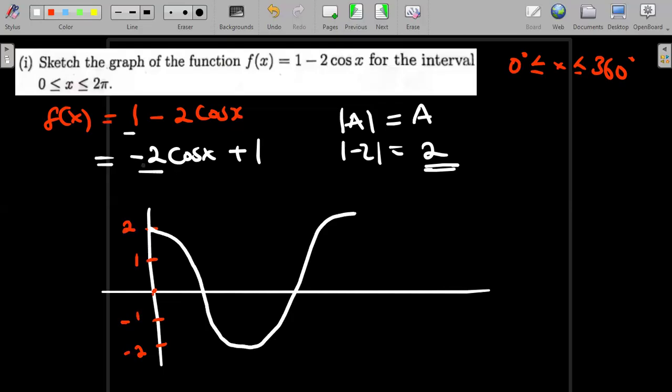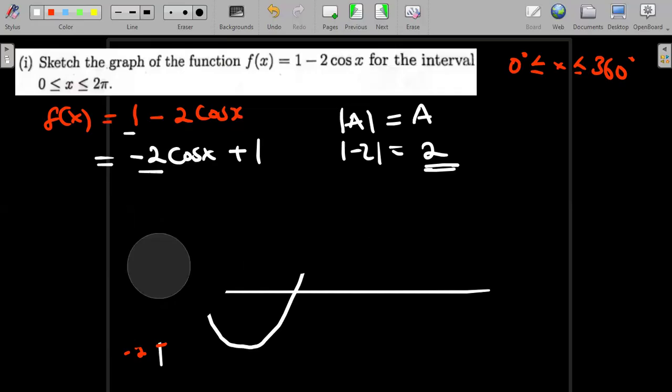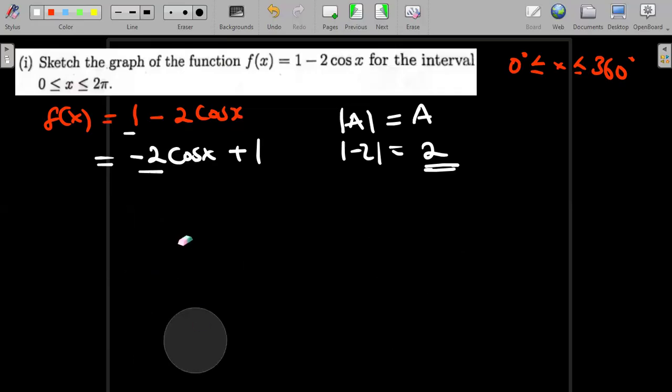If you had number 3 here, meaning it's 3 units up, you would start from 3 like that. That's the amplitude. Now, apart from the amplitude, one other thing you must take note of is this value here. That 1 there is the vertical shift.